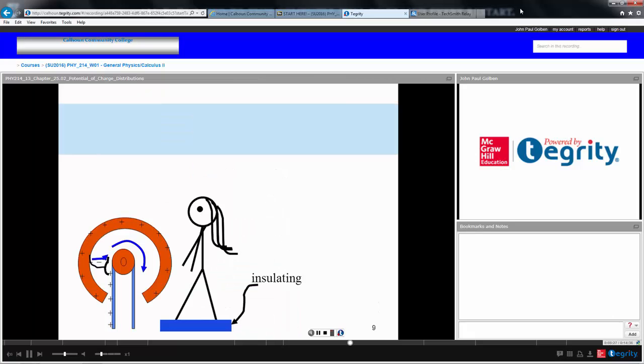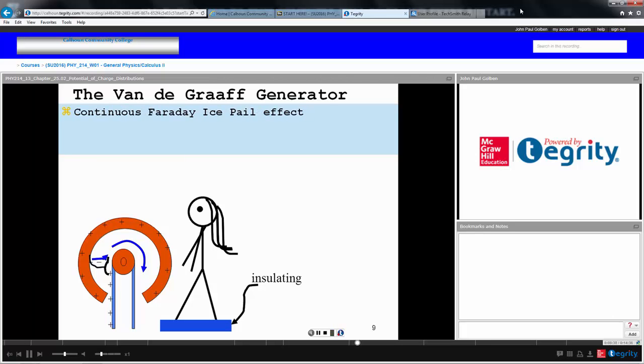All right, we're going to finish up some thoughts here in electrodynamics. Here's the Van de Graaff generator. Consider that Faraday ice pail effect that we talked about earlier, where we would have some kind of conveyor belt bringing in charge, and the charge eventually would be distributed to the outer surface of our ice pail, of our conductor.